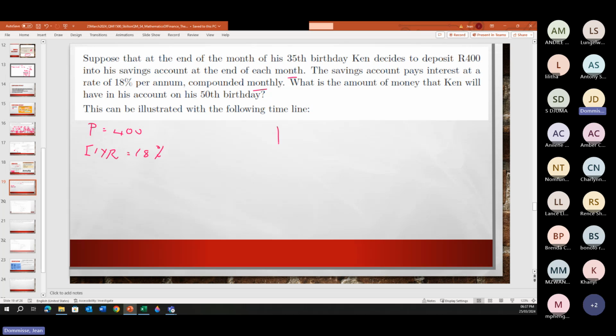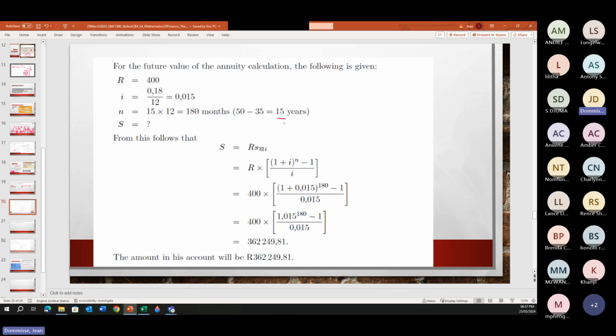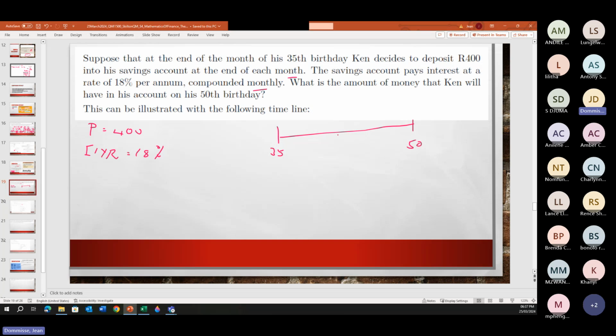Okay, so from 35 to 50, that is 15 years. So we know that if we look at N, it is 15 years.